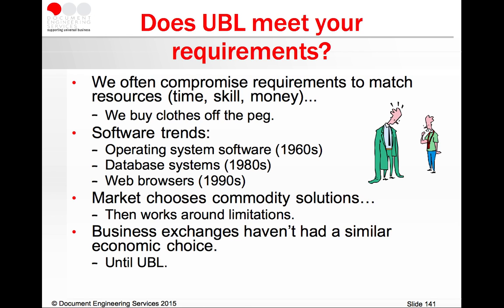We change our practice to meet the software that we have. We don't force the software to do things because we do it that way. And the exchange of business information hasn't to date had that economic choice. There's not really been the equivalent until UBL. So it's worth asking the question of whether UBL meets your requirement, or can your requirements adapt to meet UBL?